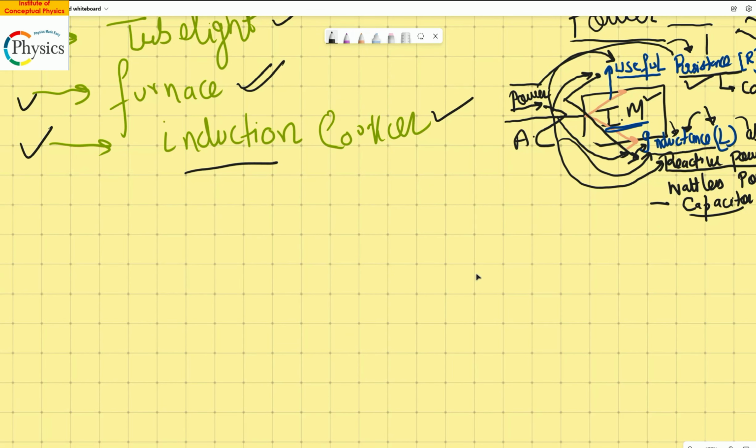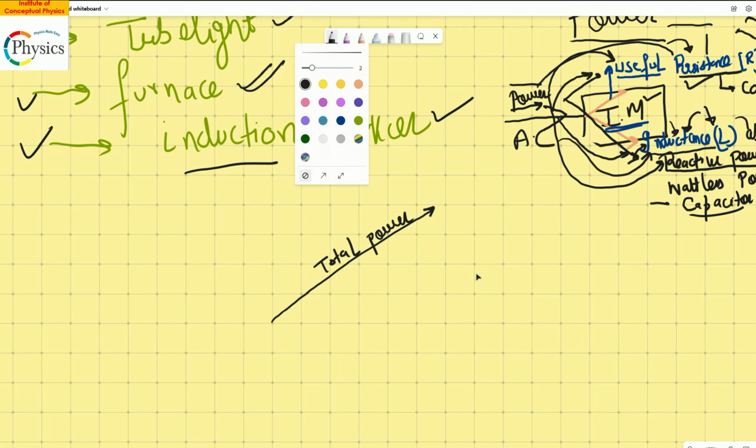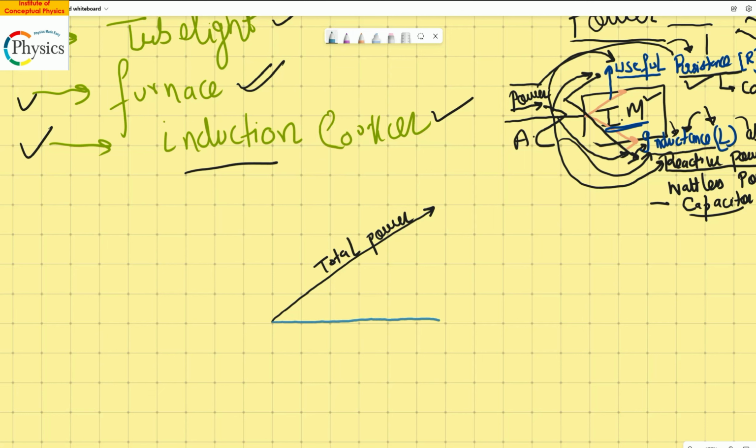So let's talk about the situation here. The total power comes in. Let me draw an arrow. This is your total power, and the total power is getting divided into two parts.